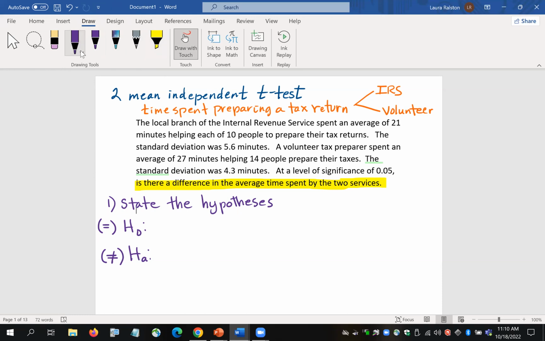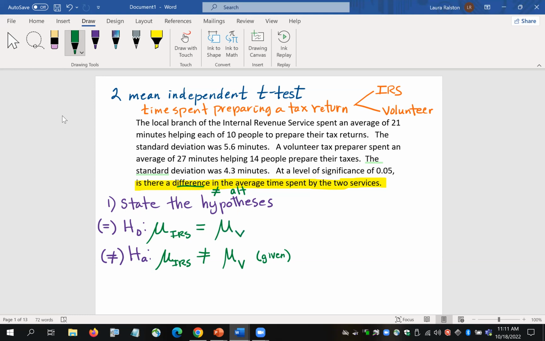If I focus on that word difference, I hope that would make you think of not equal, because they're not the same, which means this statement is the alternative. So the mean for the IRS does not equal the mean for the volunteer. And that's the one that's given. So by default, then, the null is that the mean of the IRS equals the mean of the volunteer.